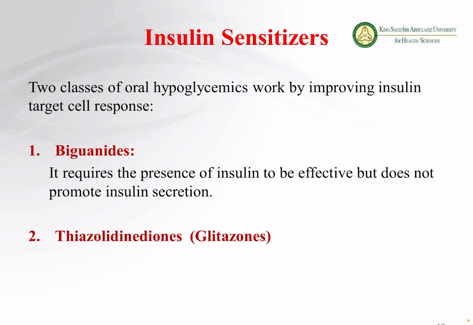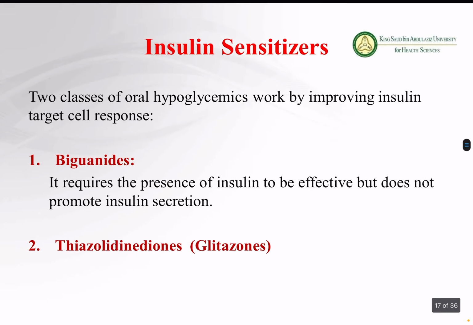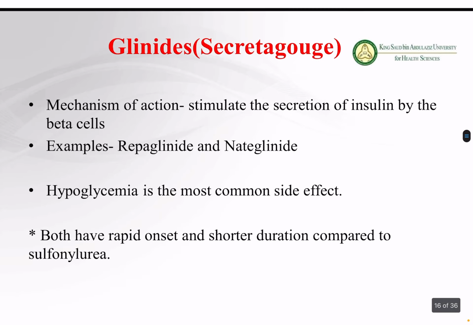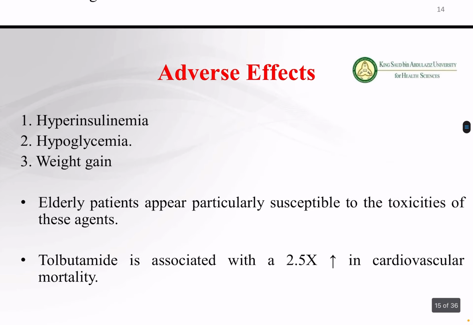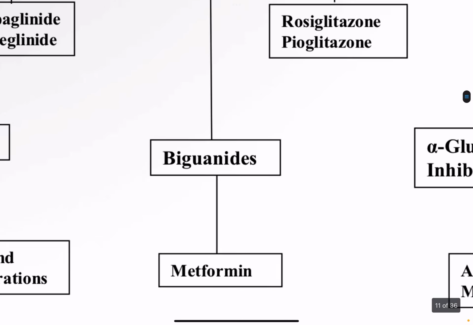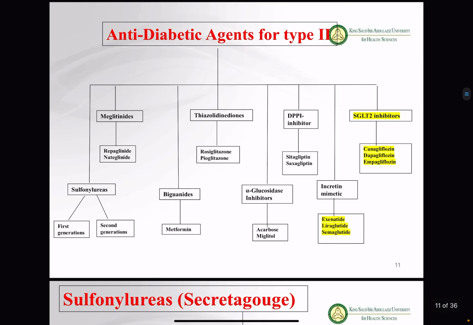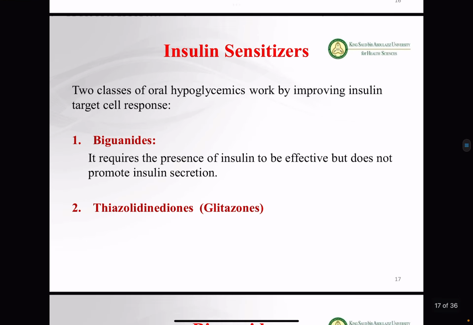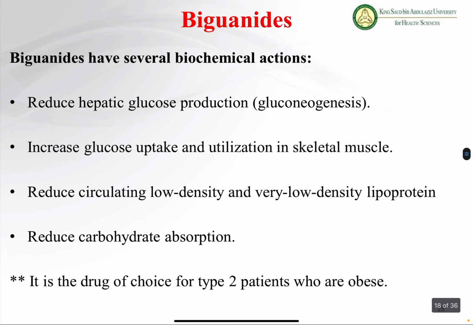Let's discuss the biguanides first. The very good example of the biguanides is metformin. This is a very old anti-diabetic drug, and because of its mechanisms, it was previously used as an anti-diabetic, but nowadays it is also used as a weight reducing agent.